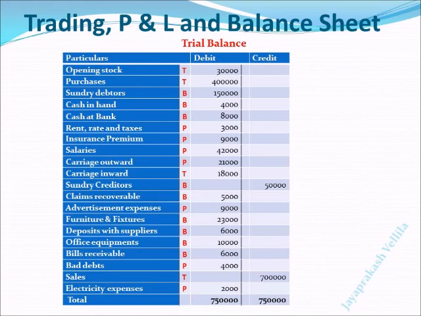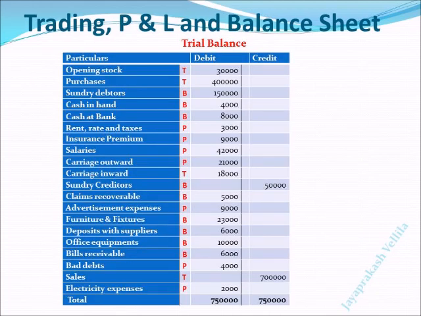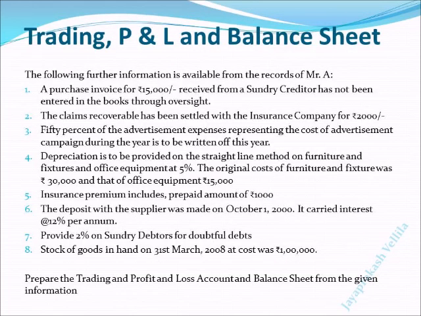Next, bad debts is 4,000. Electricity charges is 2,000. Next, as per adjustments, there is depreciation of 5% for the furniture and fixtures and office equipment, which is to be calculated by the straight line method.